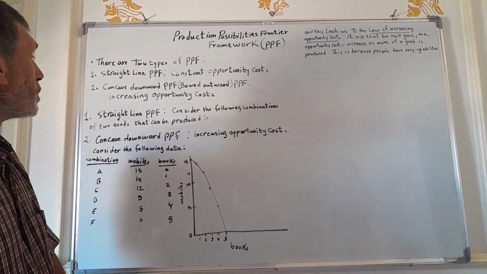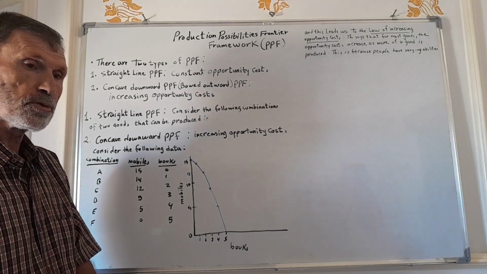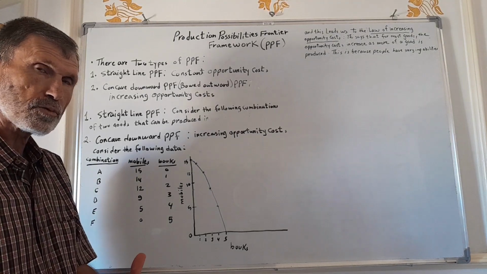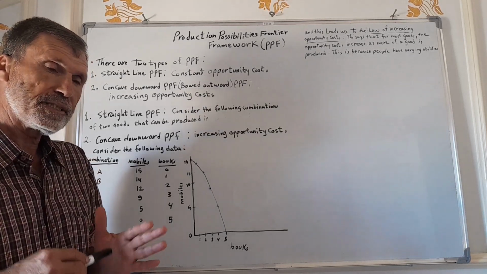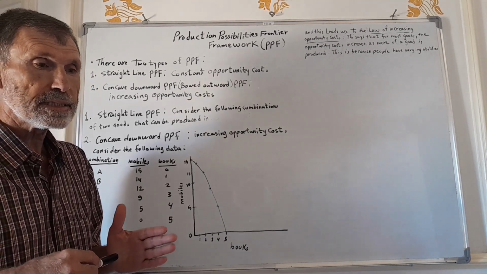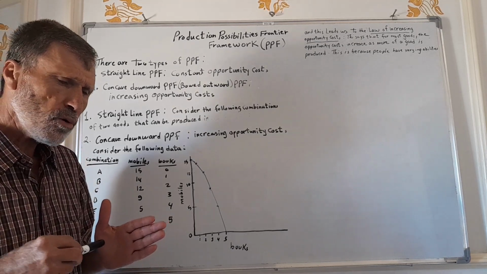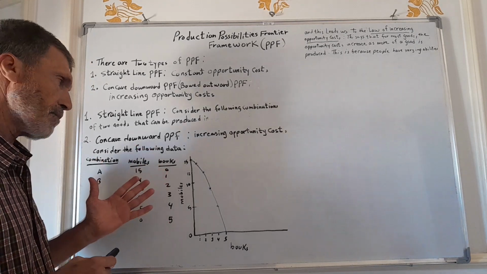Okay, now we move to the second type of PPF, which is the concave downward or bowed outward PPF. Now, this concave downward PPF is characterized by an increasing opportunity cost. So let us illustrate what is meant by an increasing opportunity cost. Let's give this example over here.